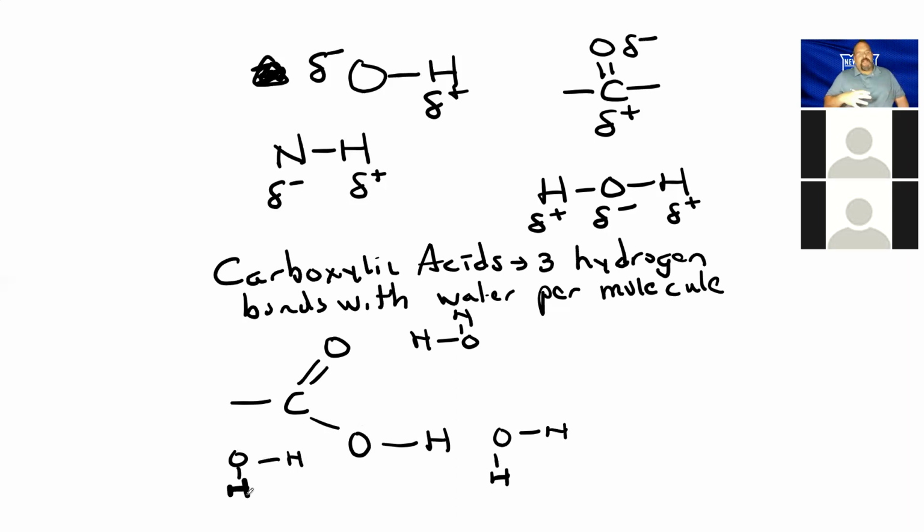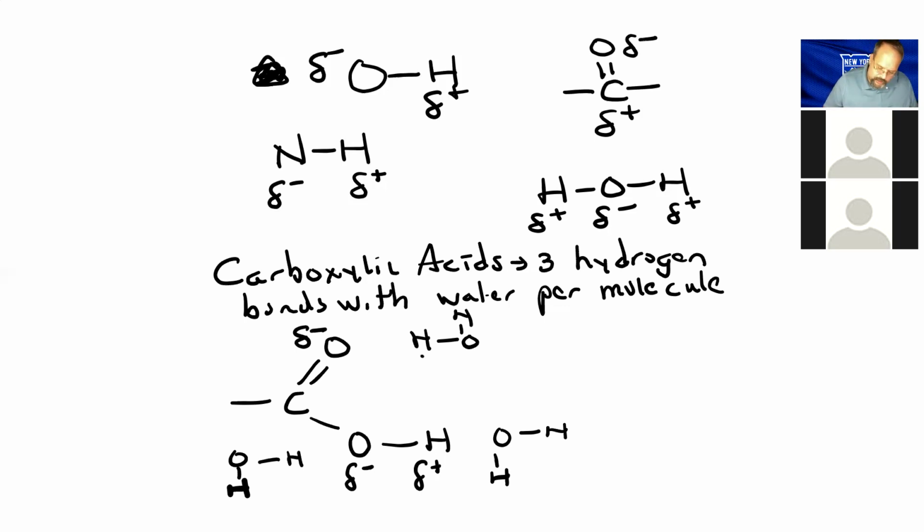Because for a carboxylic acid, not only do you have C double bond O, where we have to consider the oxygen with the partial negative charge as a player in the game, but it also has OH, where that oxygen would have a partial negative charge and the hydrogen would have a partial positive charge.